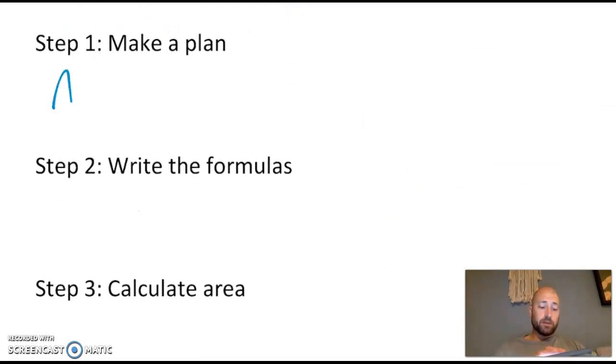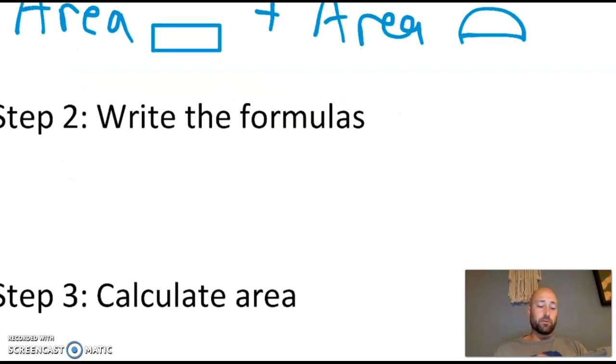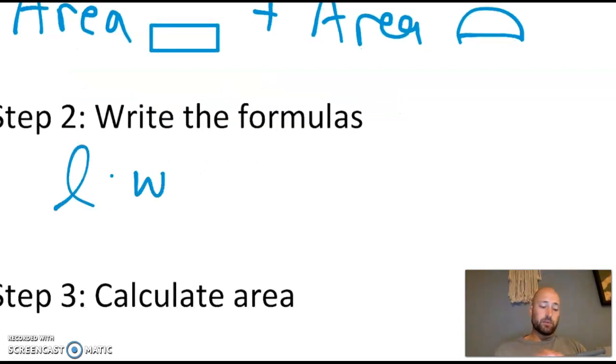So I'm going to find the area of that rectangle, and I'm going to add it to the area of that semicircle. The formula for a rectangle is length times width, and I'm going to add that to the formula of the semicircle. So that's pi r squared.